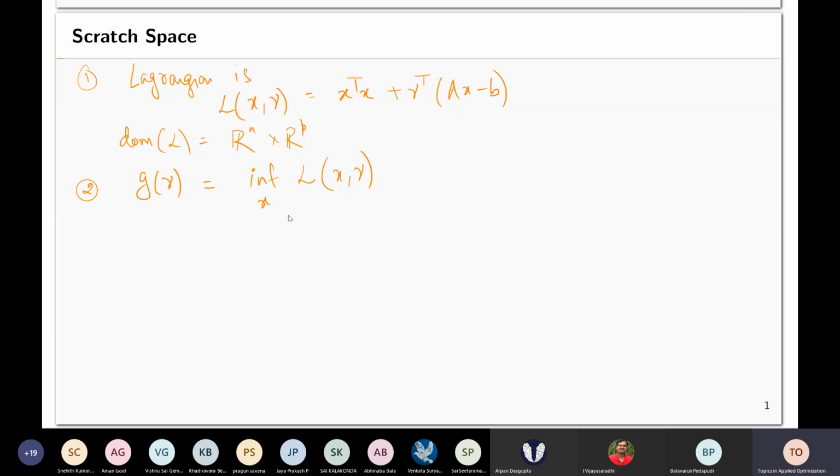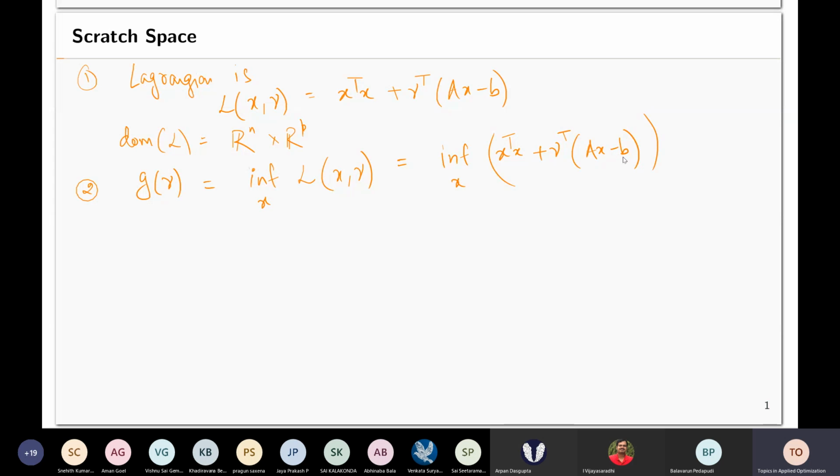So we have to find the infimum of this guy, right? So we have to find the infimum of x transpose x plus nu transpose (Ax minus b). So this is the function for which we need to find the infimum.